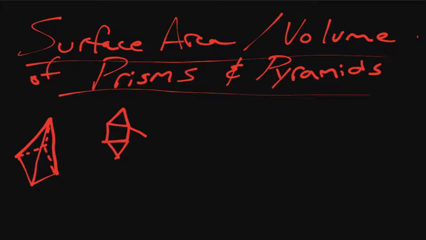If you picture me opening up this pyramid, pretend this is a piece of paper, and we fold all the sides up, all these corners meet up at the top. So when you look at a square base pyramid, you are really looking at a square and four triangles.